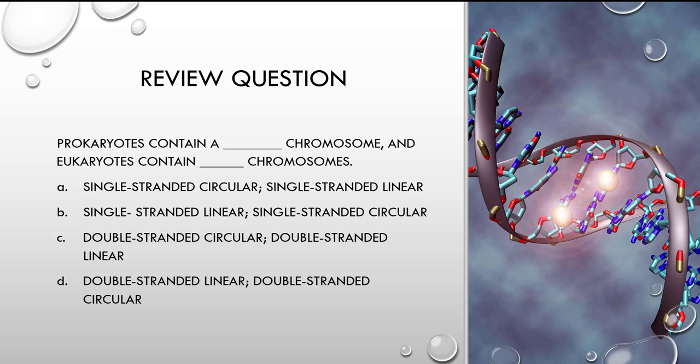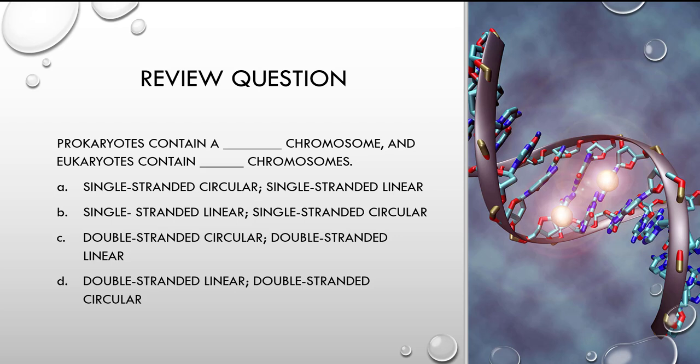All right, so let's do this review question. Prokaryotes contain a blank chromosome and eukaryotes contain blank chromosomes. So is it A, prokaryotes contain a single-stranded circular chromosome and eukaryotes contain single-stranded linear chromosomes? Or is it B, prokaryotes contain a single-stranded linear chromosome and eukaryotes contain single-stranded circular chromosomes?